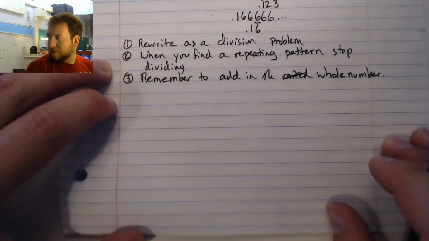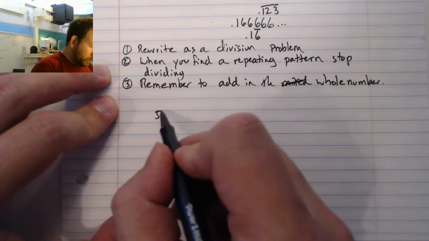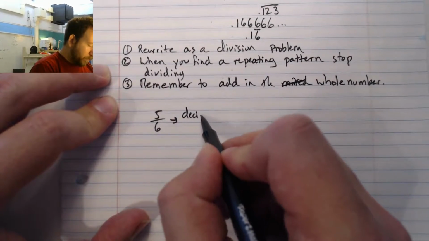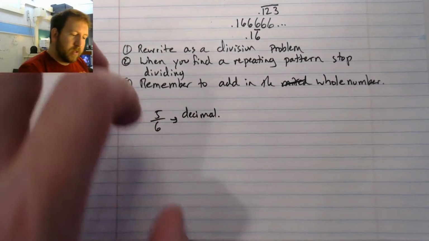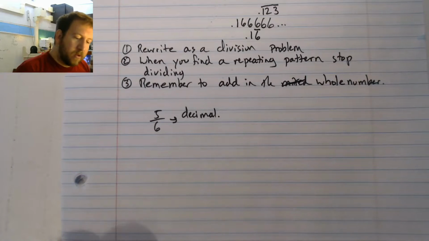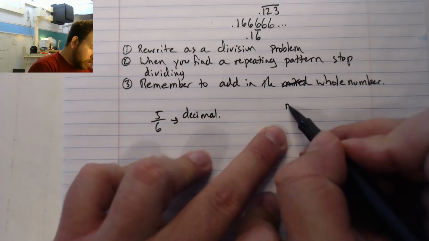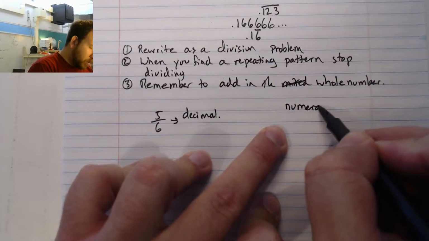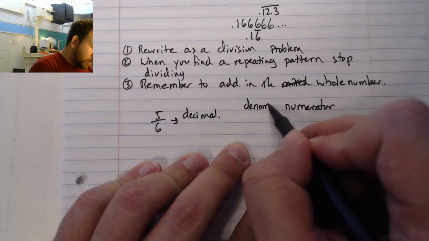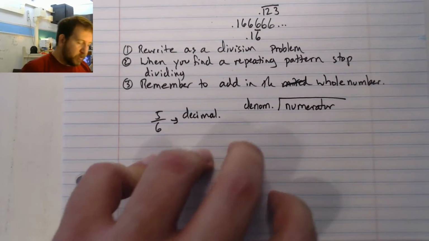Okay, so just like before in our last section, we're going to rewrite what goes where inside of the little house. Remember, the numerator goes inside and the denominator goes outside.